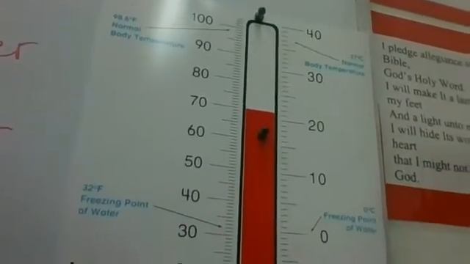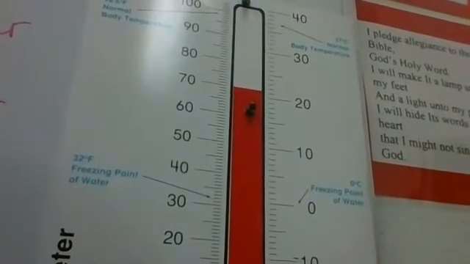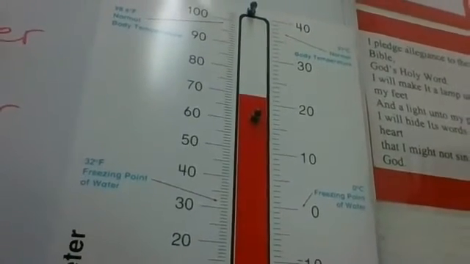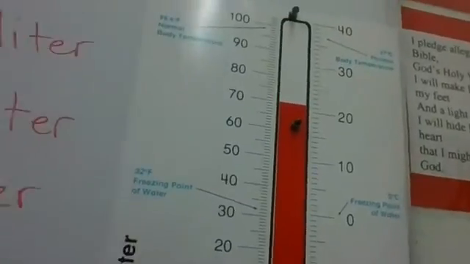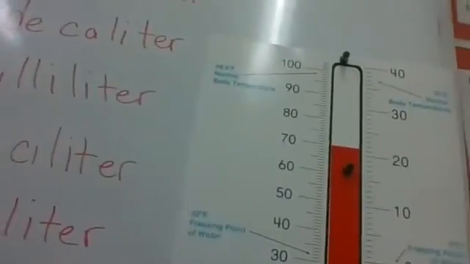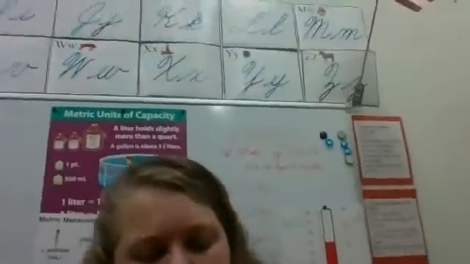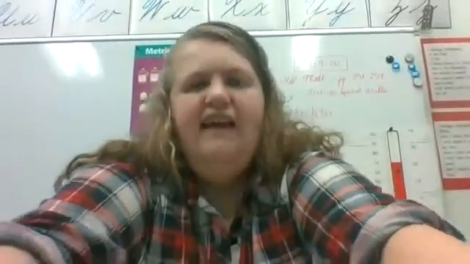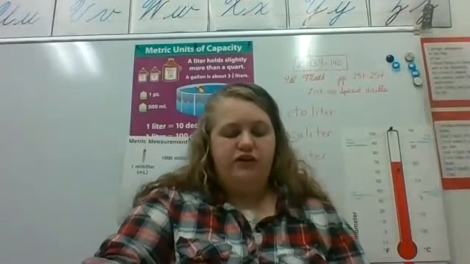And if we go down, we have the freezing point of both. The freezing point of Fahrenheit is 32. The freezing point of Celsius is 0. What is not listed on this is the boiling point of both of them. So the boiling point for water in Fahrenheit is 212 degrees.